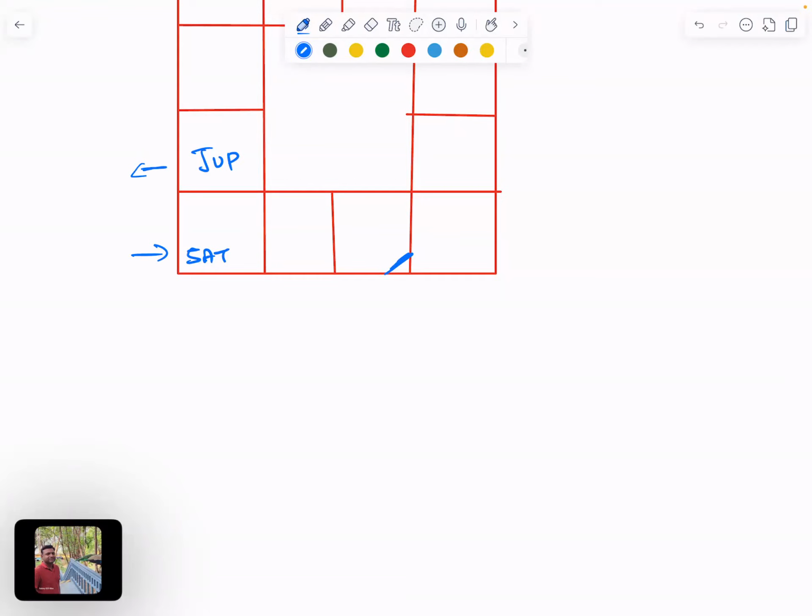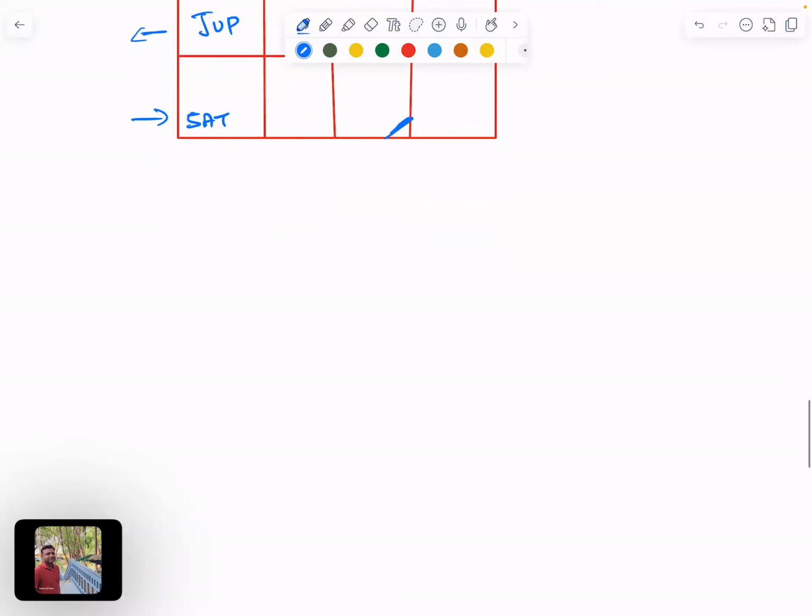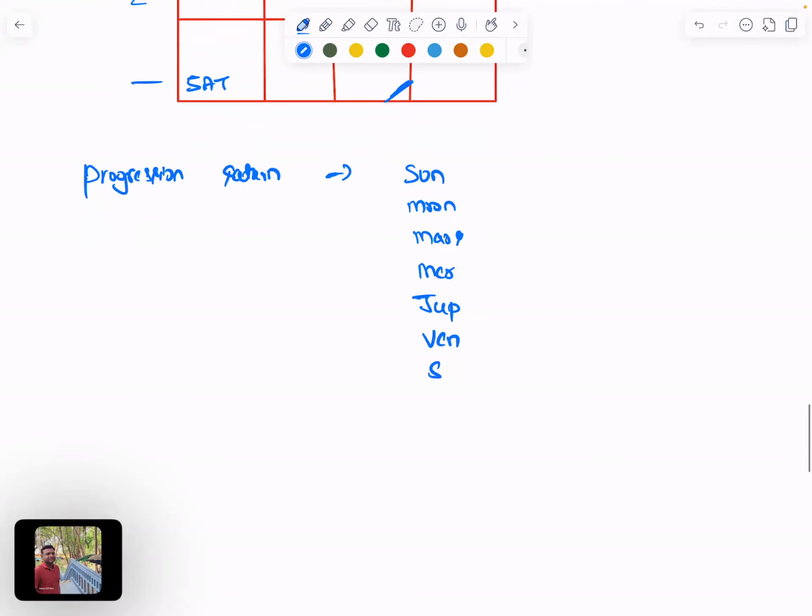Now in this progression, this Saturn will touch many planets, including itself. That means Saturn will touch Sun, Moon, Mars, Mercury, Jupiter, Venus, Saturn itself, Rahu, and Ketu.